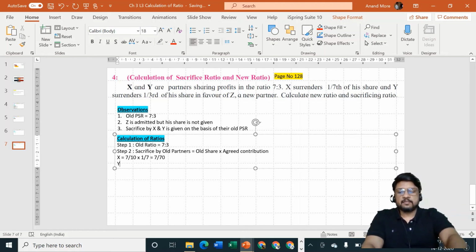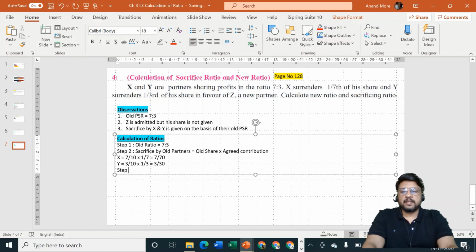Next, Y is equal to old share of Y was 3/10 into sacrifice by Y is 1/3 of his own old share. So that becomes 3 into 1 is equal to 3 and 10 into 3 is equal to 30.